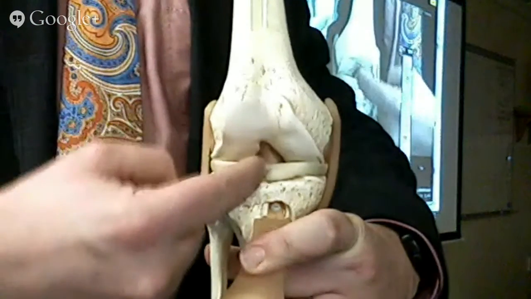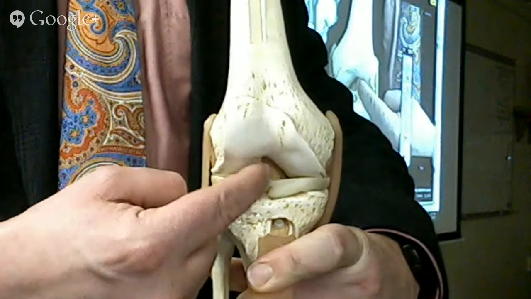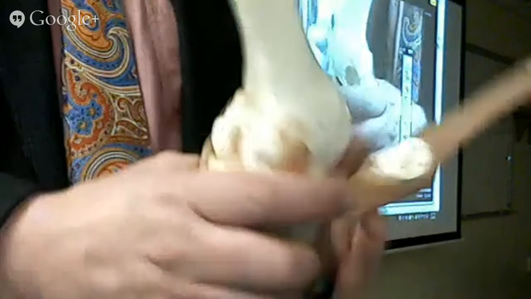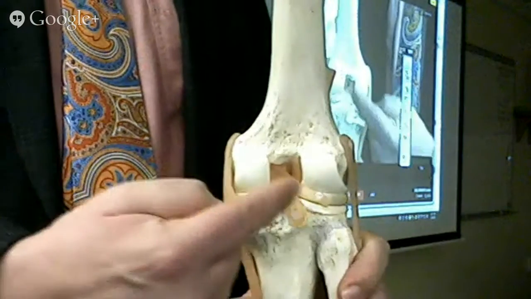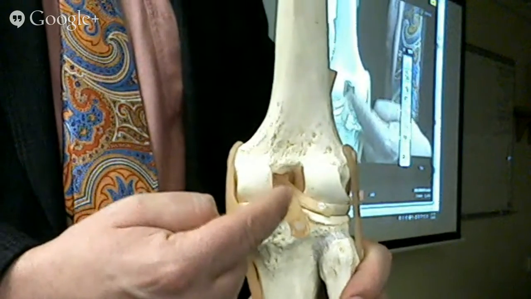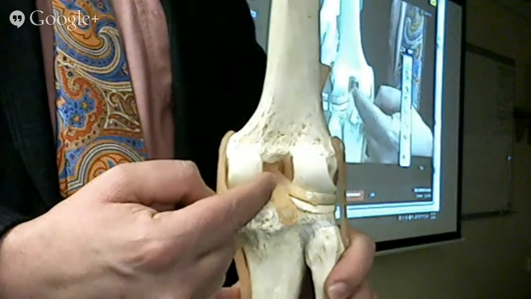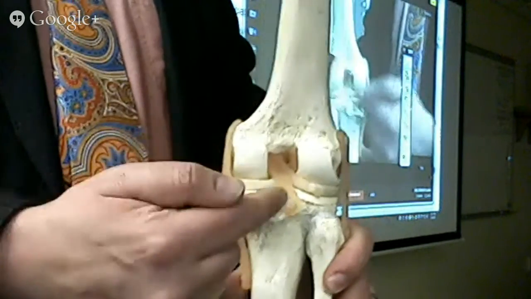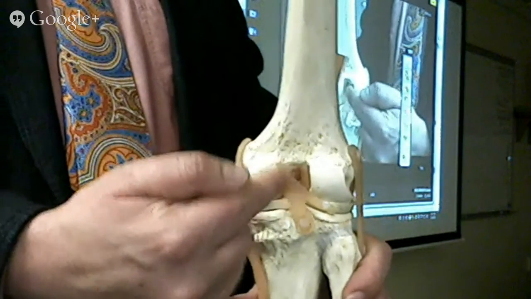Now, we can see the anterior cruciate ligament going right across there. And if we look posteriorly, we can see some posterior cruciate ligament going there. There's more in what I'm pointing at than just the posterior cruciate ligament, but it would be right about in there.